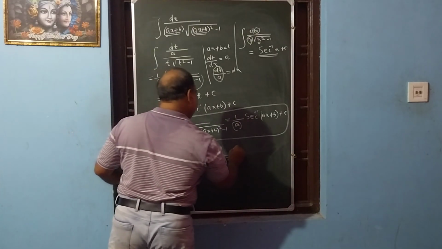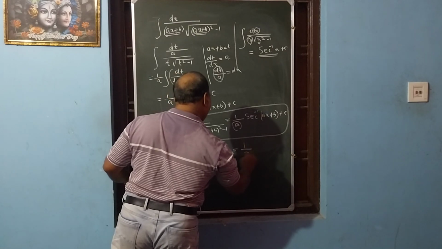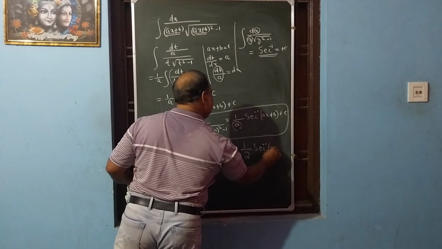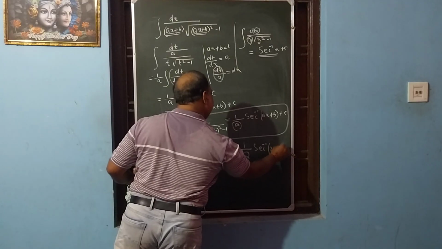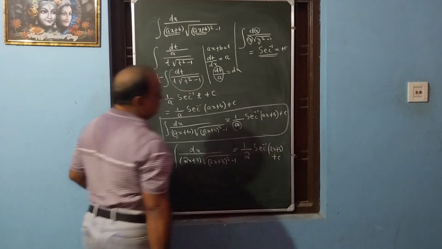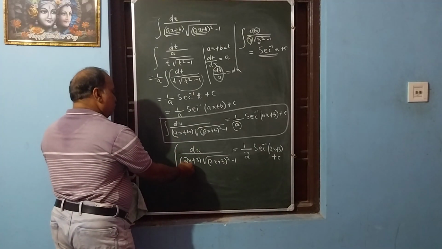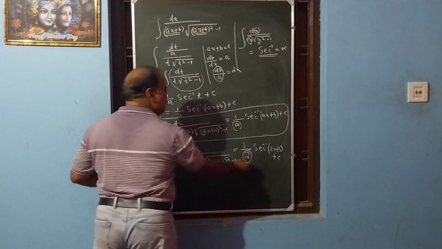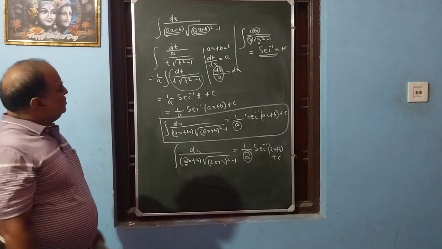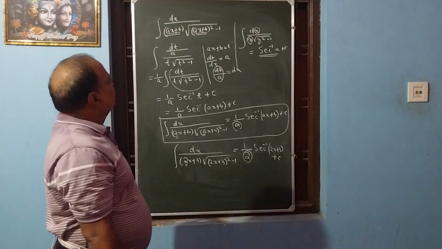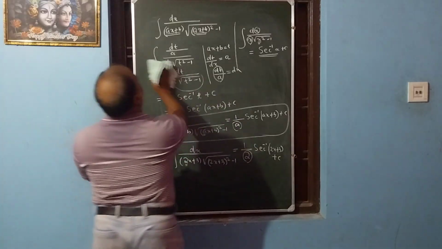So the result will be 1 by 2 sec inverse (2x plus 3) plus c. Here the coefficient of x is 2. So that will be divided as 2 here. Okay. So now let us take another type.